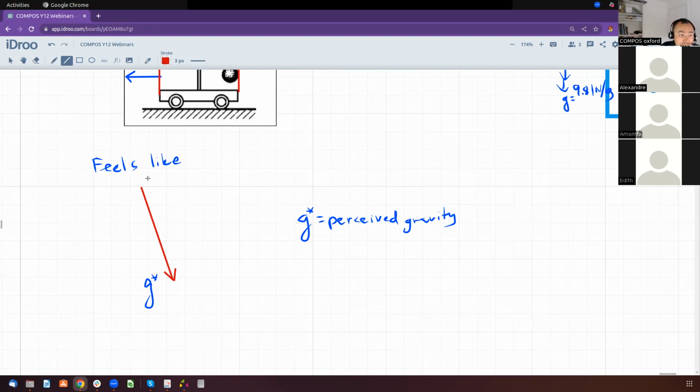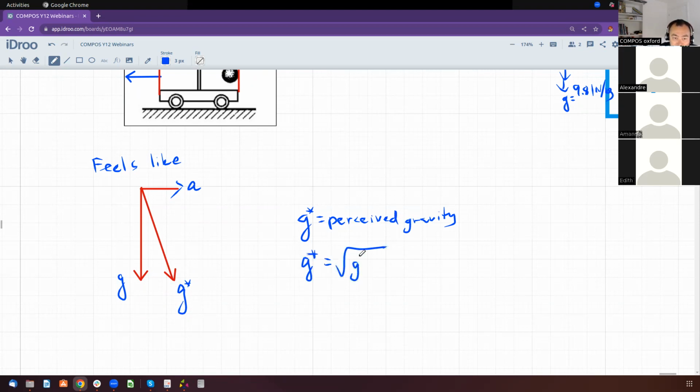Of course, it is made up of two components, the horizontal component and the vertical component. The vertical component is G, as expected, and this component is A, the acceleration. So G star is the square root of G squared plus A squared.